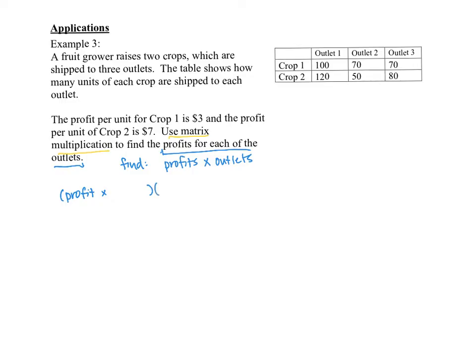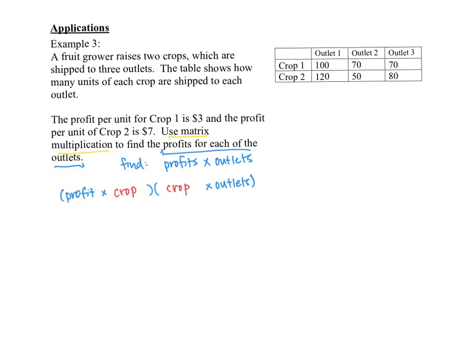And I want my second matrix to be something by outlets. Because remember, this will make my result be profits by outlets, and I need these two to cancel out, or they need to match up. Okay, so what's the third element I have? This says outlets and crops, so the third thing must be crops. So I want profit by crops times crops by outlets.